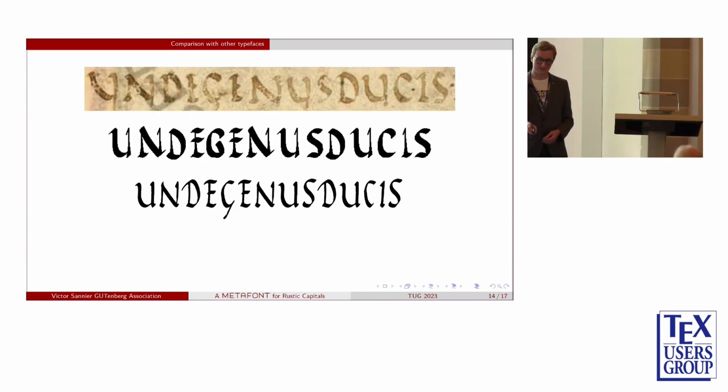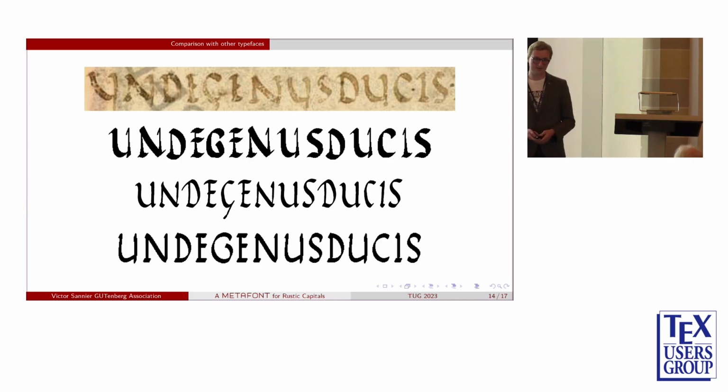Okay, so last example is De Genus Ducis from the same manuscript. And here there are a few things to notice. So first of all, I made it so that all letters have the same baseline. Once again, letter G also has a different style in several of our typefaces.